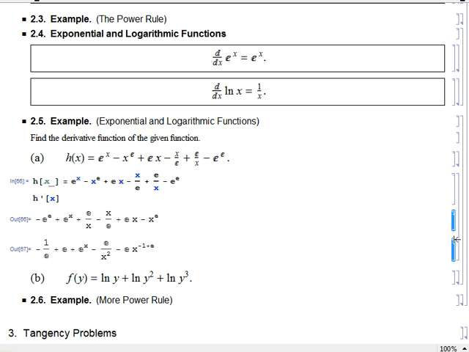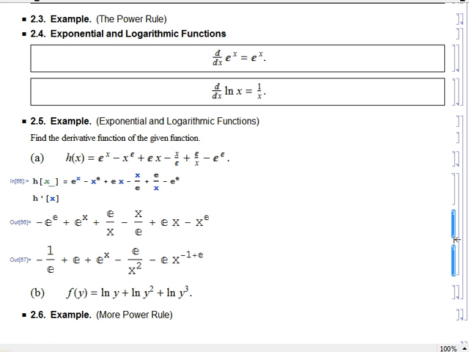Somehow the machine preferred this order, but this is not the standard order that was given over here. So if you change the order and then apply the derivative rule, actually no, not even that. Even after a change of order, where is the negative 1 over e coming from?